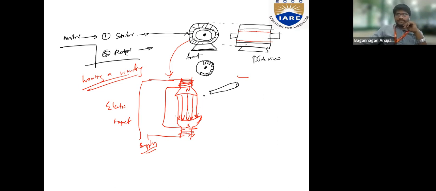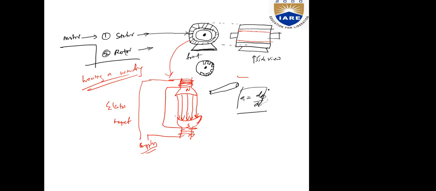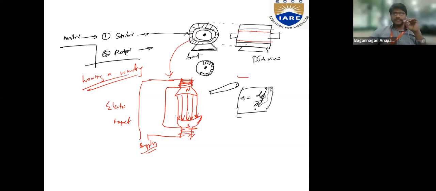Whenever a conductor cuts a magnetic flux, an EMF will be induced in it, and such induced EMF is equal to N d phi by dt, right? Which depends on the rate of change of flux linkages. So this is the EMF generated, or the magnitude of EMF induced in the conductor, given as d phi by dt.